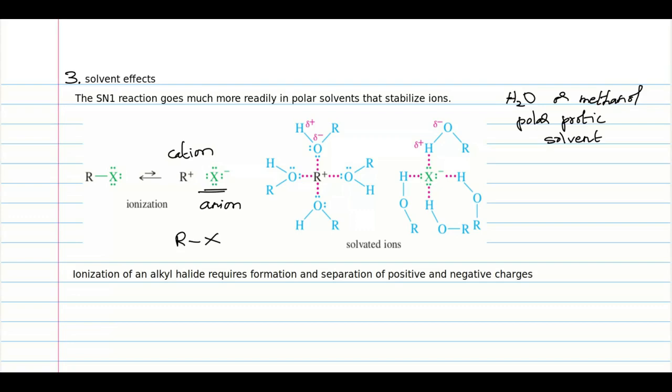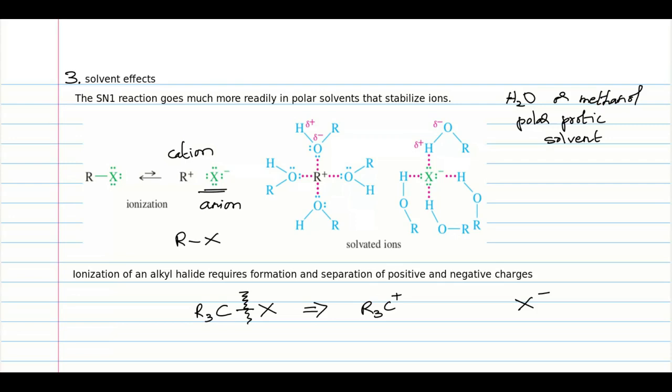We can see this as follows: for the formation of carbocation, the bond between the carbon and the halogen has to be broken, and this happens more easily if we are able to stabilize the carbocation and the anion, that is the leaving group.